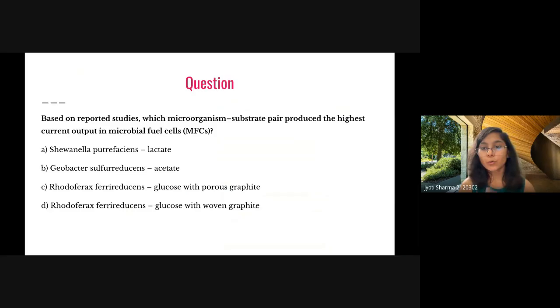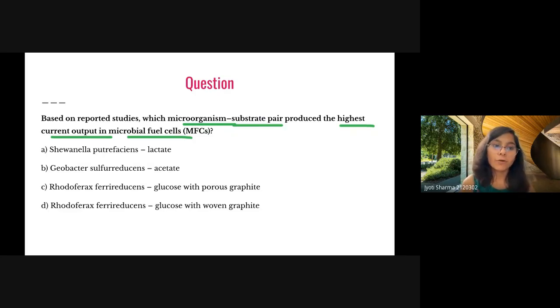As I told you, we can have different types of microorganism in your bioelectrochemical cell, right? So you have to tell me the microorganism and substrate pair that produce the highest current output in microbial fuel cell.